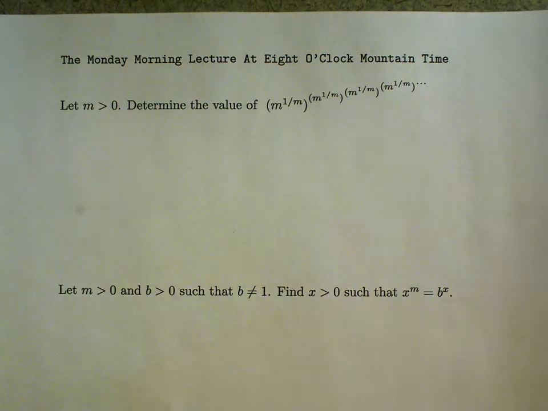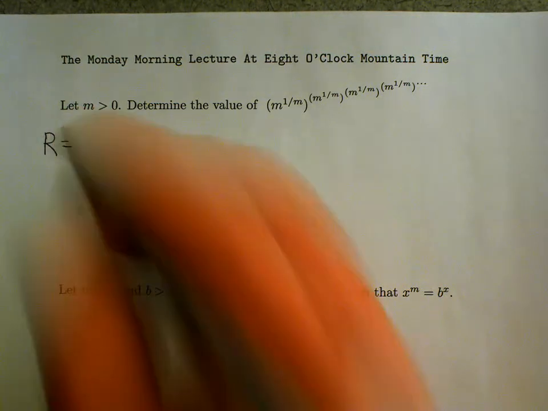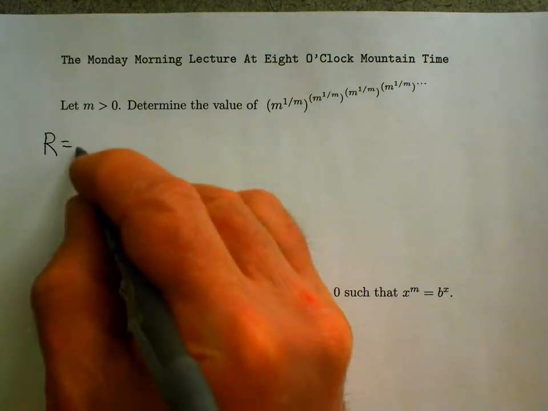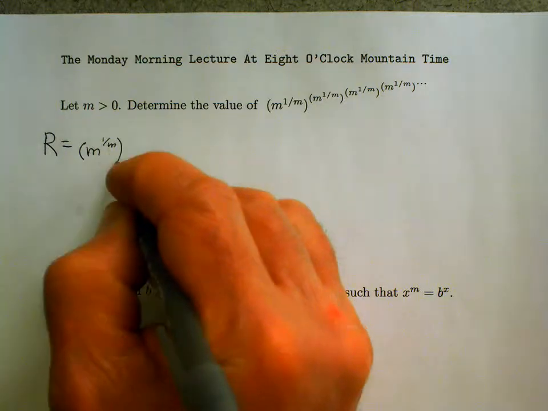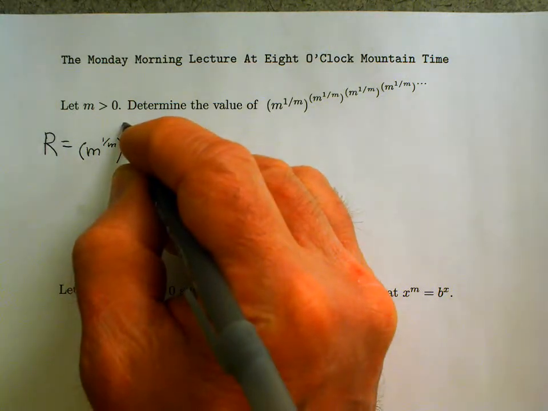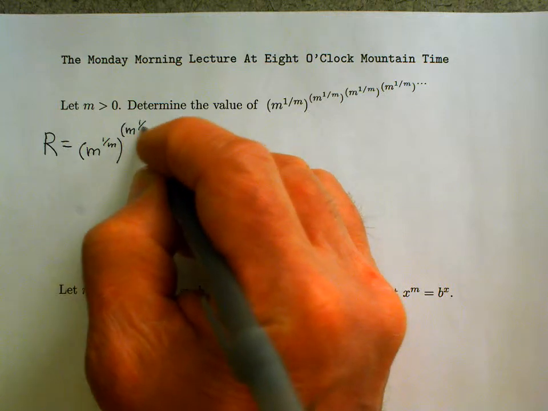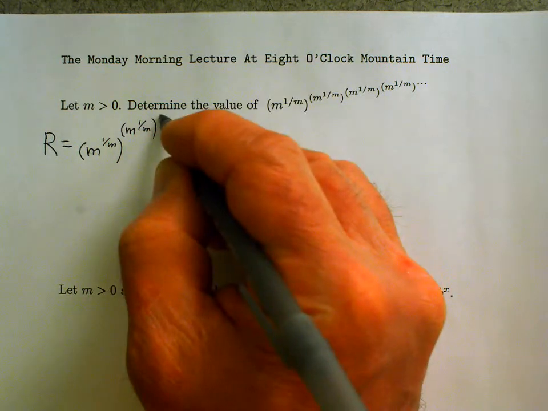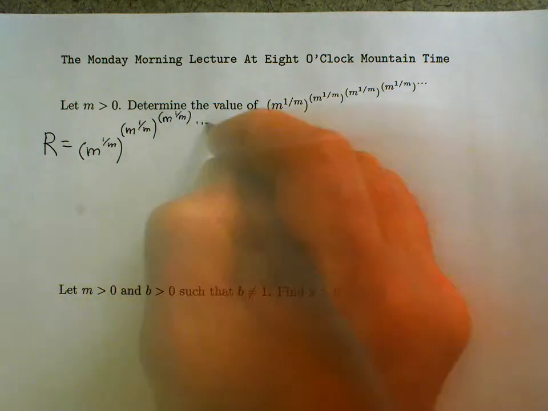So if this is equal to some finite number, let's say that r is equal to that number: m to the 1 over m, raised to the m to the 1 over m, raised to the m to the 1 over m, and so on.